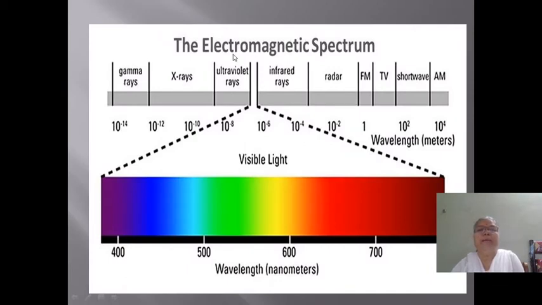Then here the electromagnetic spectrum consists of gamma rays, X-rays, ultraviolet rays, infrared, radar, FM waves, TV waves, short waves, and AM waves, and all these waves have their particular wavelength and particular frequency, arranged either in increasing order of wavelength and decreasing order of frequency.